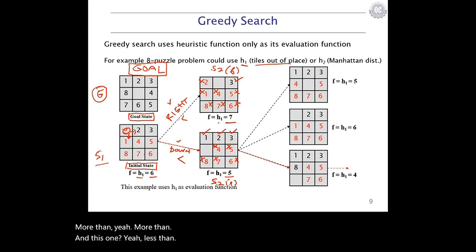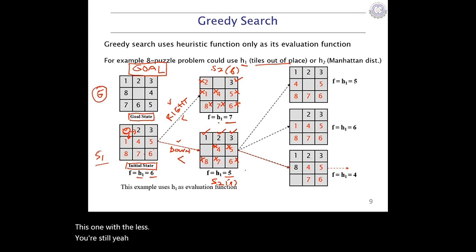So we find the lower heuristic for the next step. Then we stop this branch, and we continue the branch with the lower heuristic.